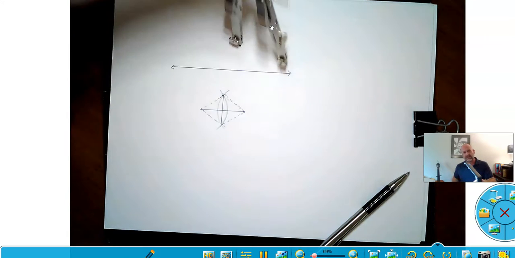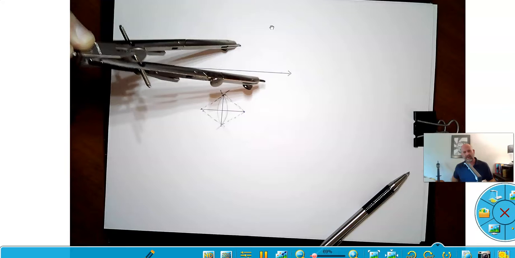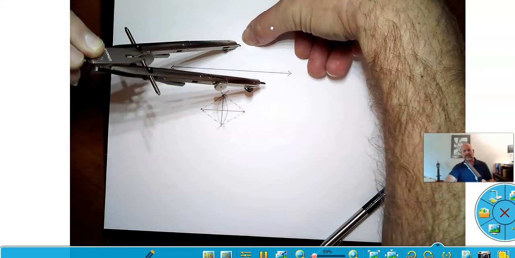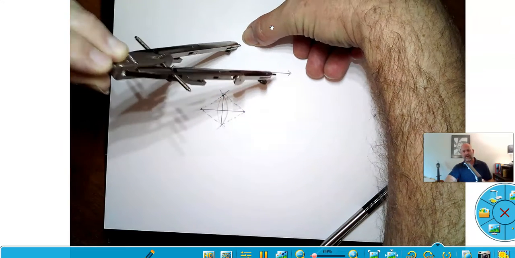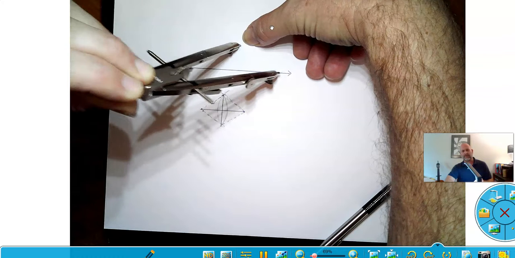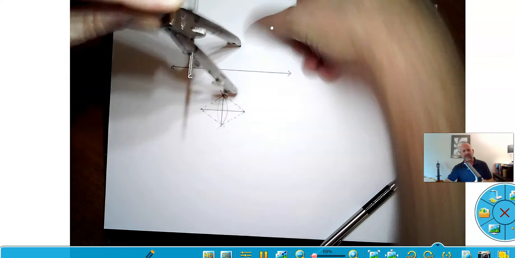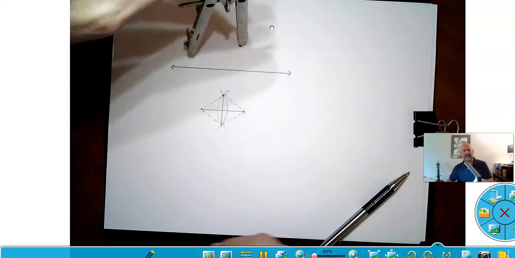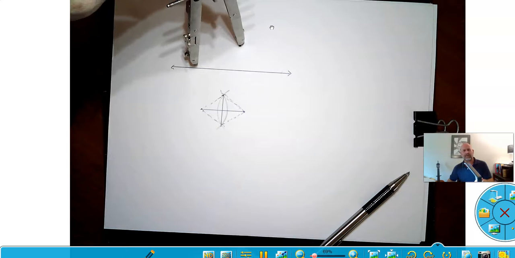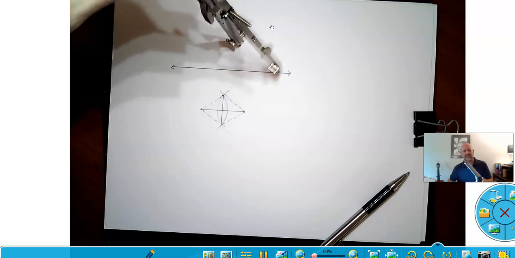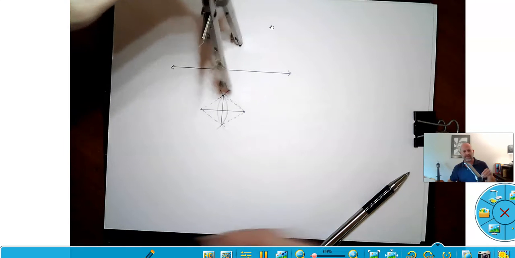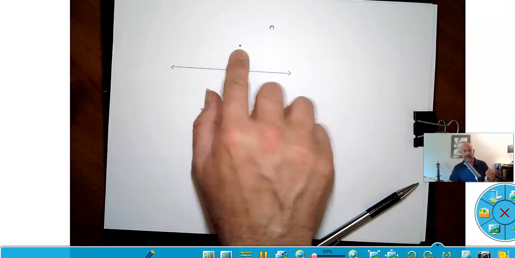So this point over here is the point I want to make a perpendicular line through. And what I'm going to do is mark off a segment here, and its endpoints will be equidistant from this point that I want to make the perpendicular through.